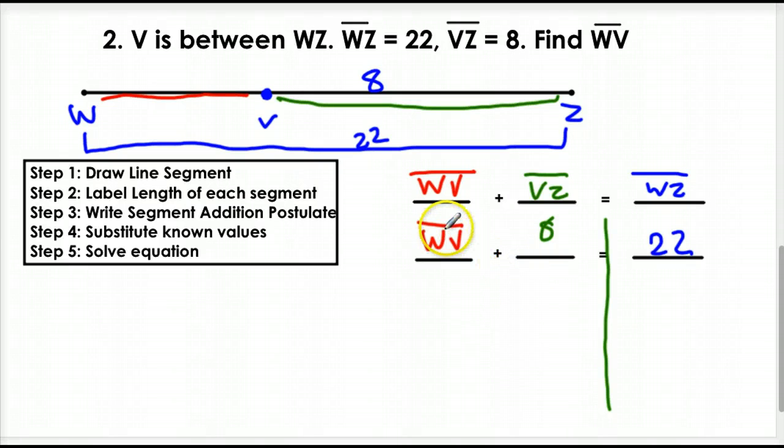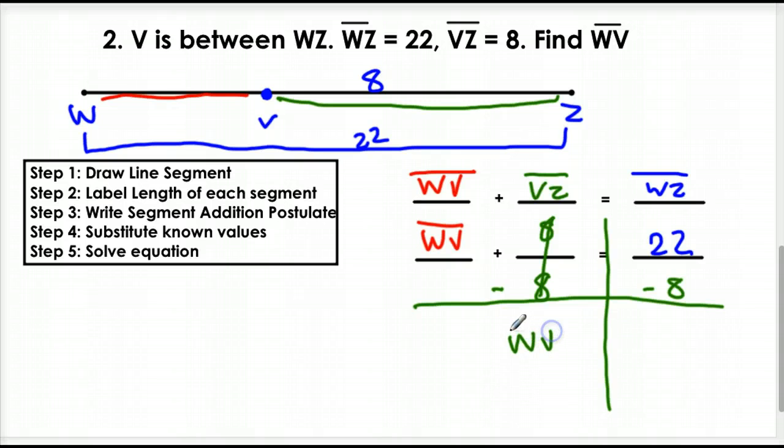So to solve for WV, we're going to use the opposite operation, which is subtraction, and subtract 8 from both sides. That cancels these out. We move the WV down, and we know this equals 22 minus 8, which is 14. And that is our answer.